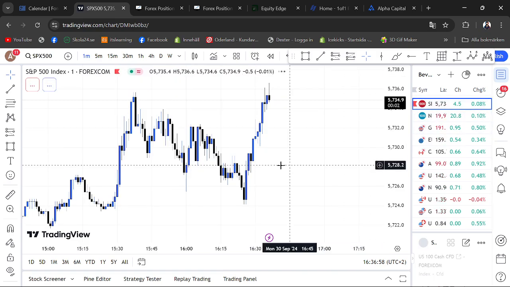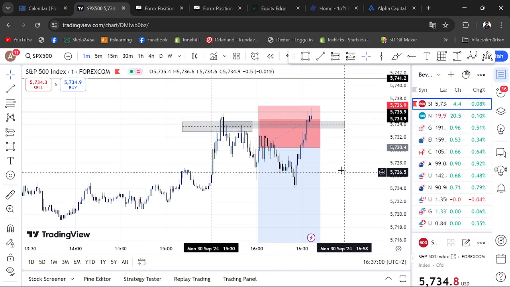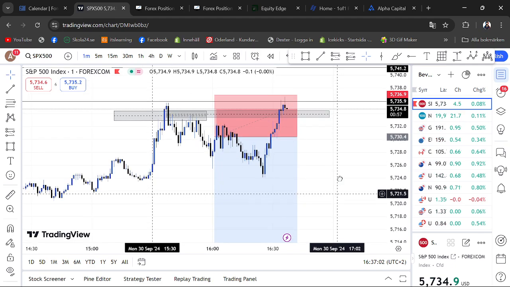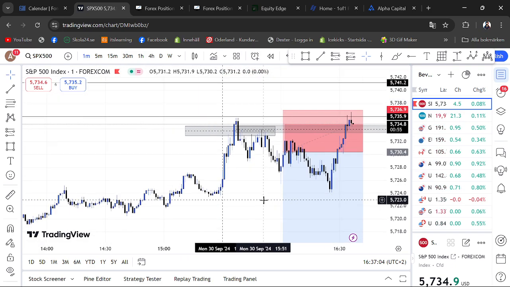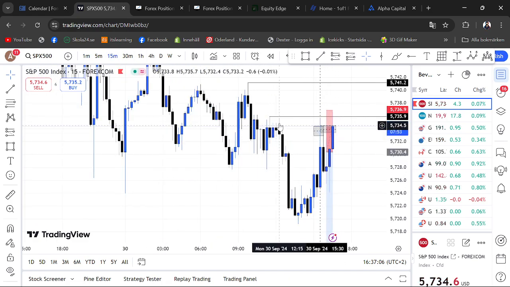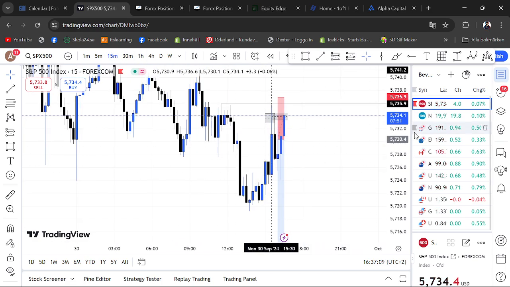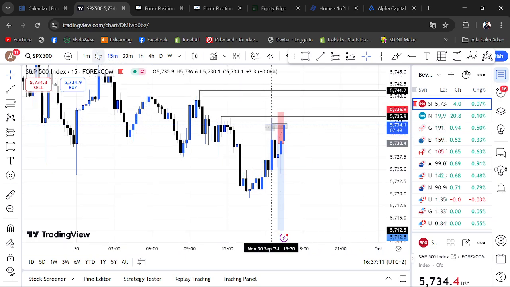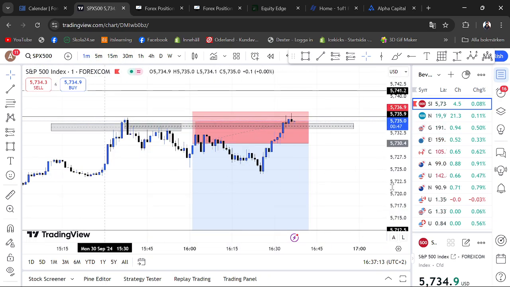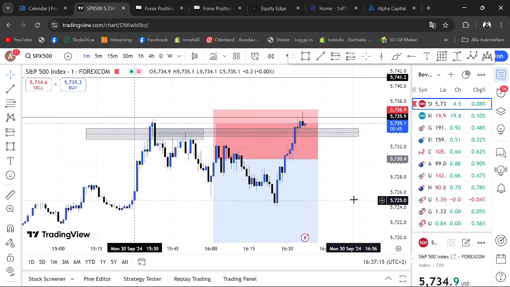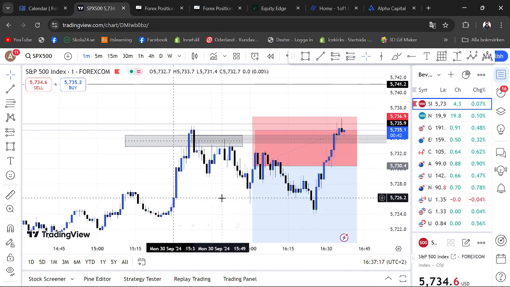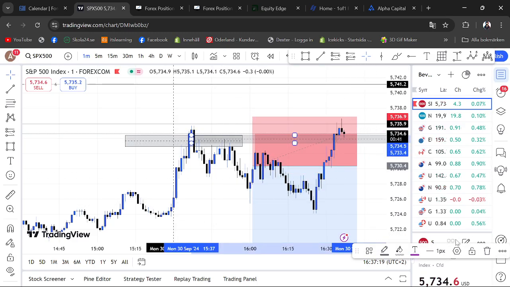And if you go over here on S&P 500, let me explain why I did not take the trade. So as I said, we had marked out this high over here as a liquidity sweep. We did not see any kind of liquidity being taken out on S&P 500. Okay, let me just remove this.